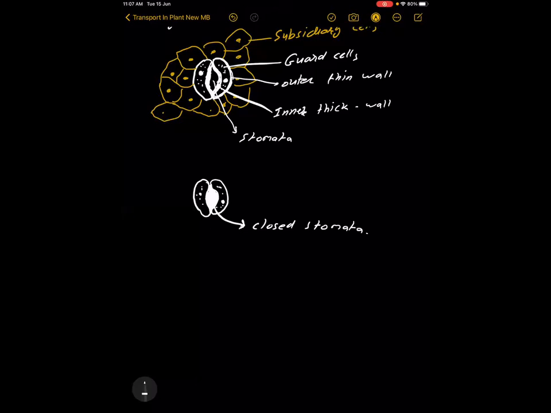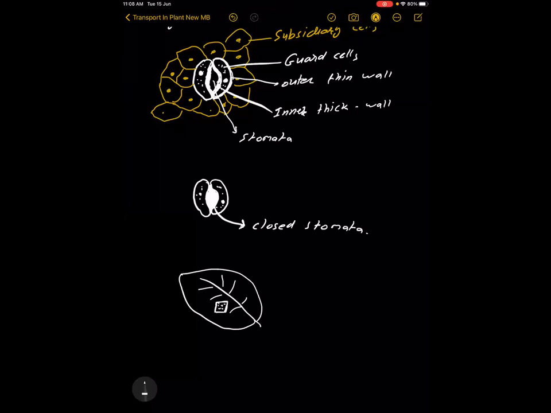Now, the number of stomata and distribution of stomata on the leaf. Around 1,000 to 60,000 stomata are present in 1 square centimeter. Suppose this is a leaf and this is 1 square centimeter of the leaf.